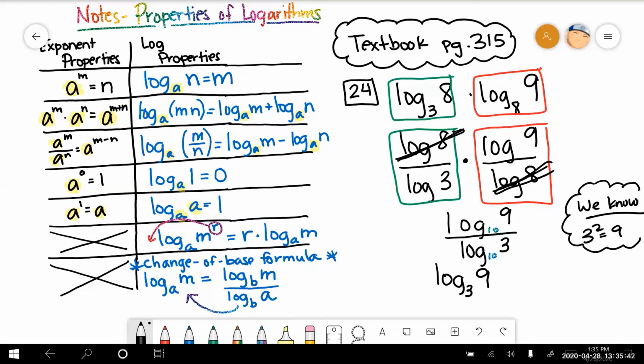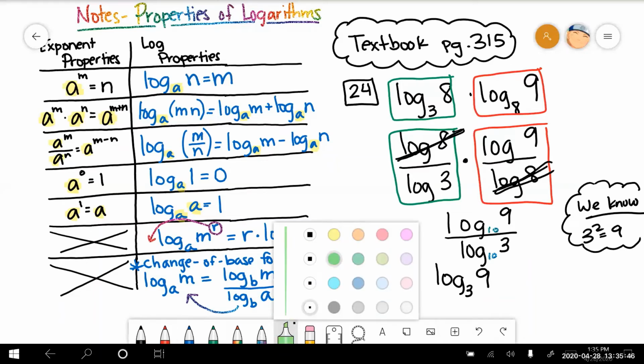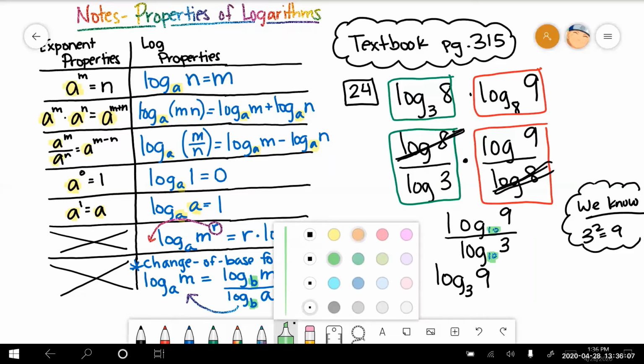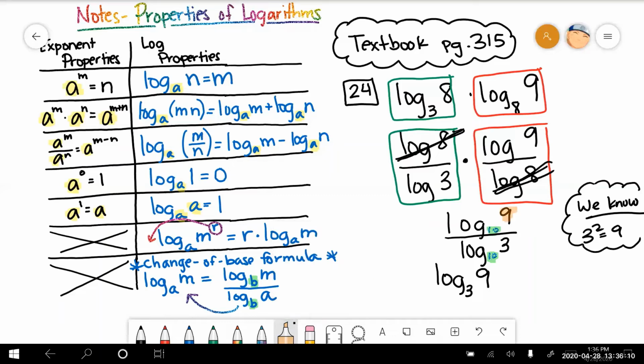Okay, so just to recap, and let me try and stay consistent with colors here. I had a base b, in this case we used 10, and I decided we're getting rid of that because we want it to look a little nicer. We want to eliminate some things. We know 3 squared equals 9, so if we can start condensing this thing again, now that we canceled out log 8, it might be better for us as we try to solve. Another thing we noticed is that 9 is our m, and so I write it next to my log.